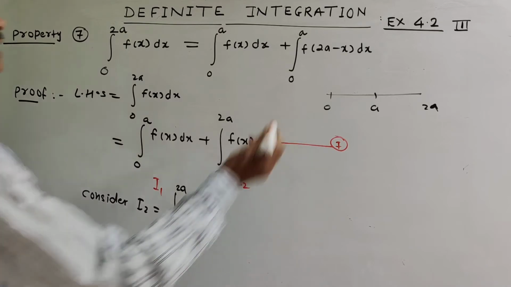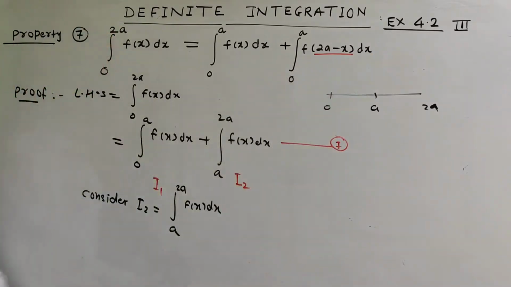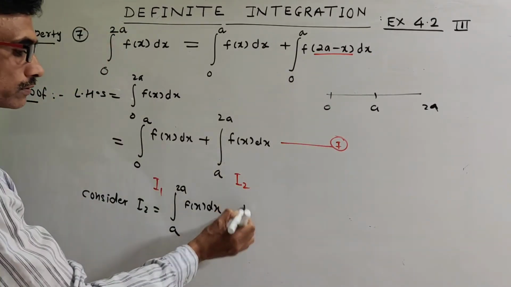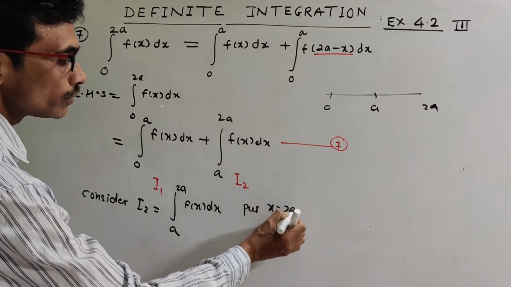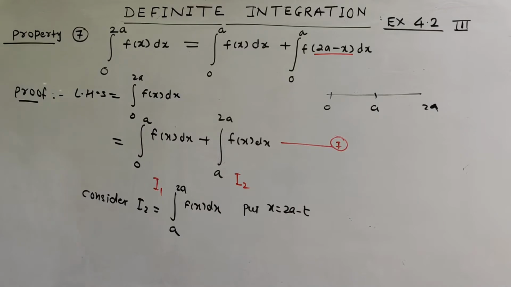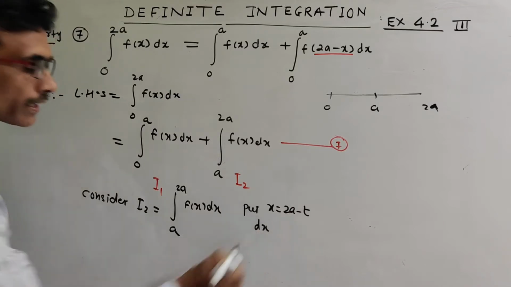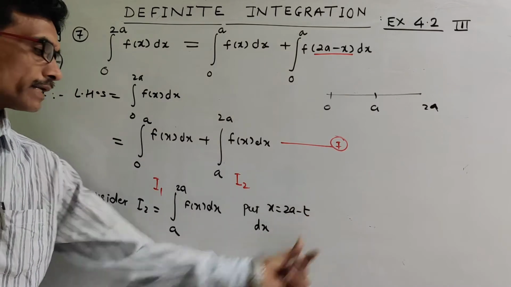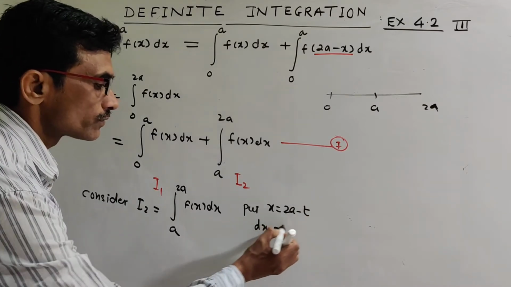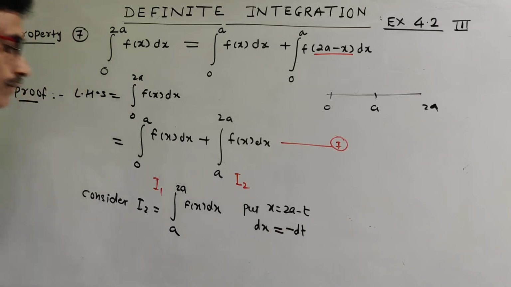Here, according to this 2a minus x, we make a substitution. Put x is equal to 2a minus t. Therefore dx by dt will be equal to minus 1, and dx will be equal to minus dt.